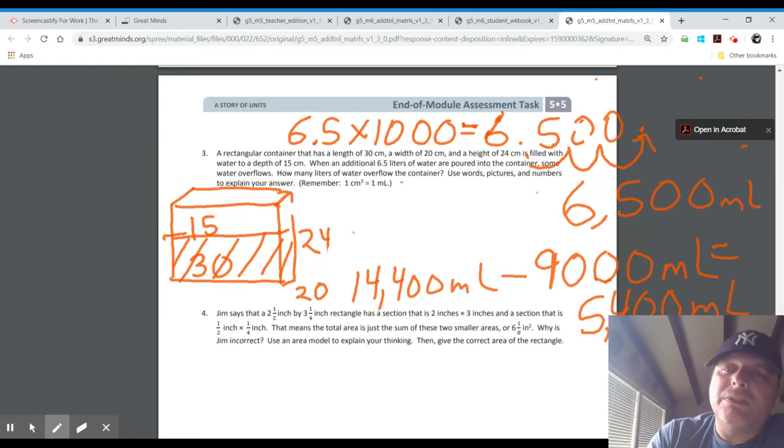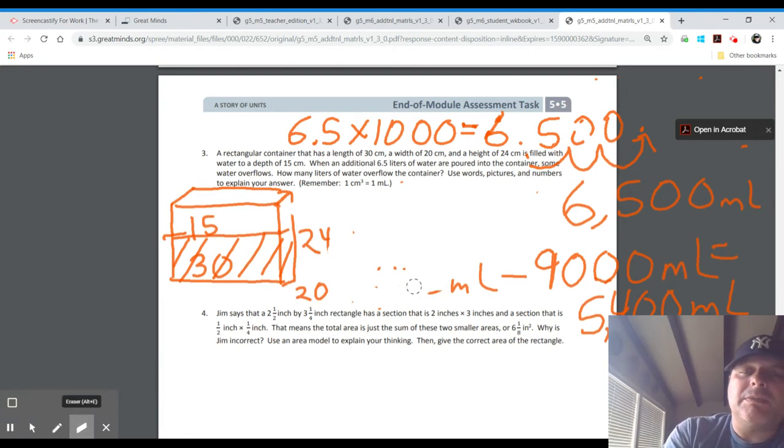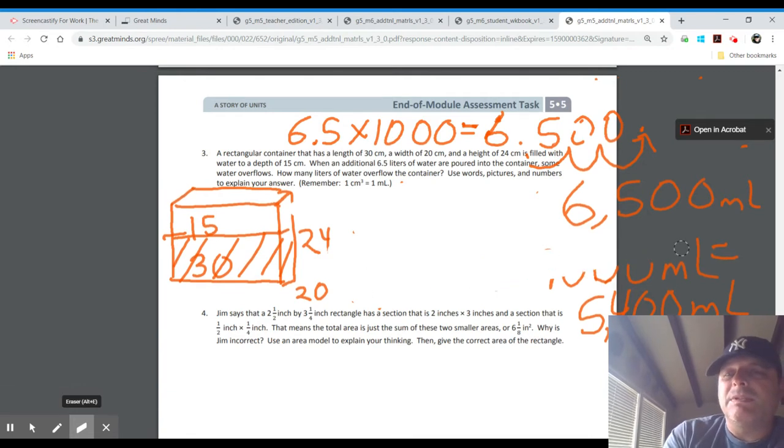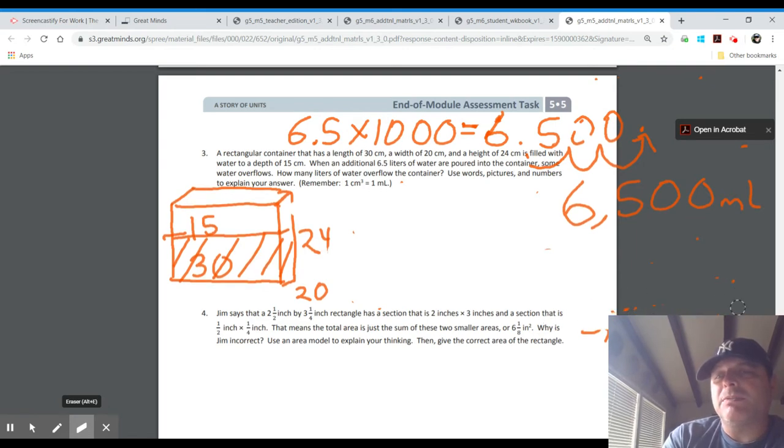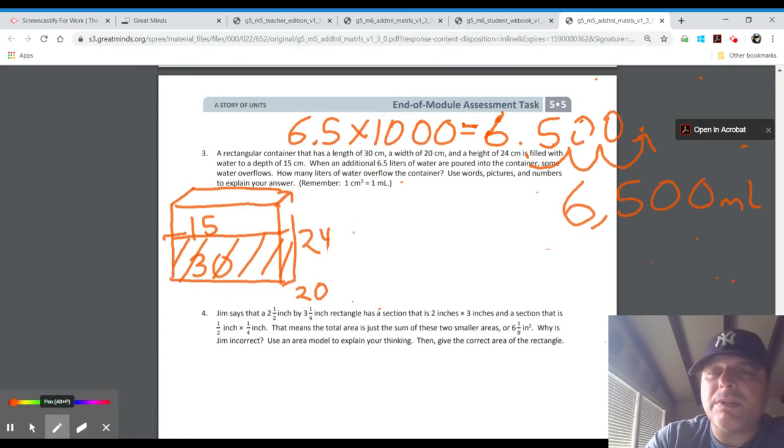Okay. So let's go ahead and do that. 6,500. I'm going to go ahead and erase all this stuff, and I am going to take away 5,400. I'm going to subtract that from 6,500.